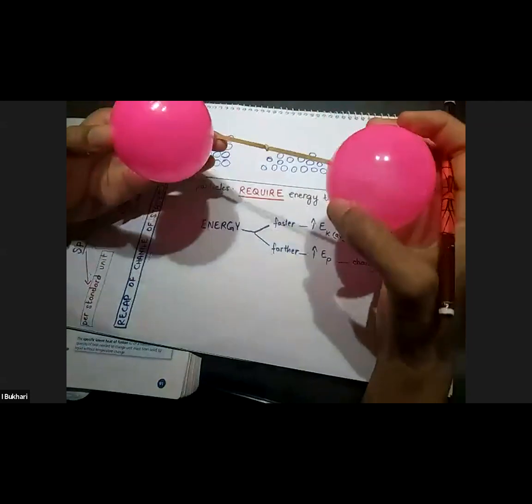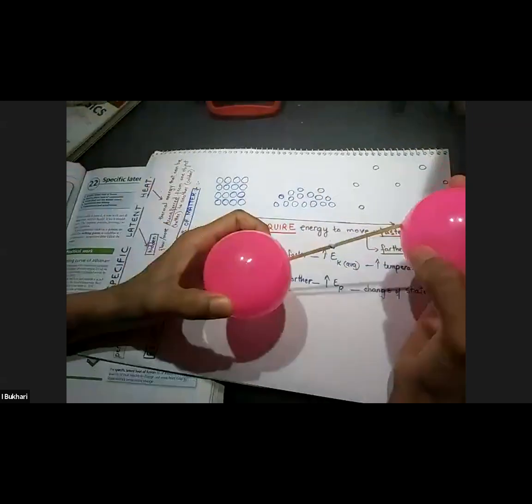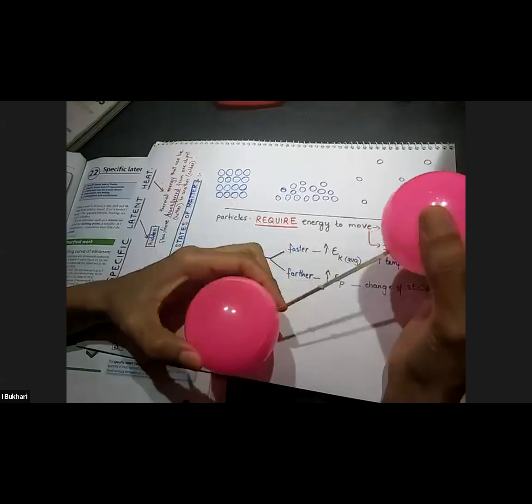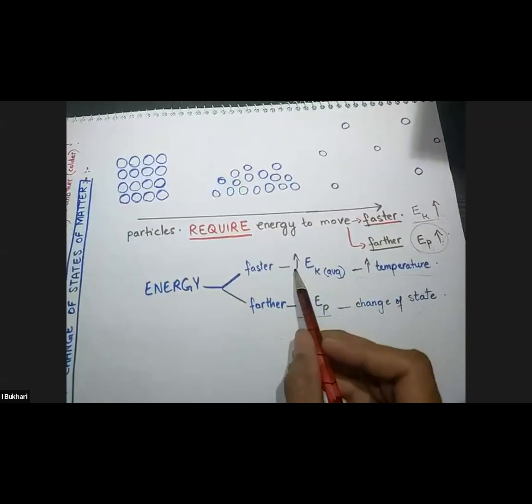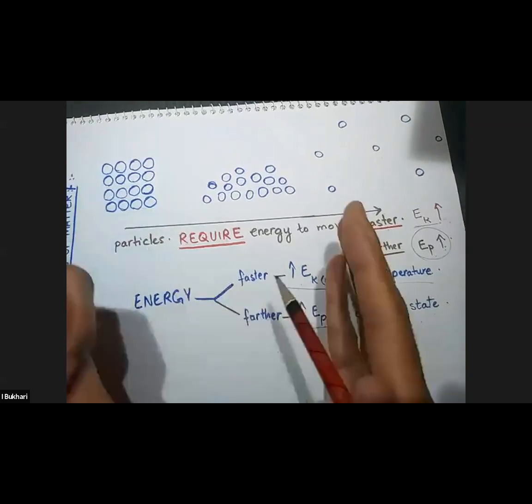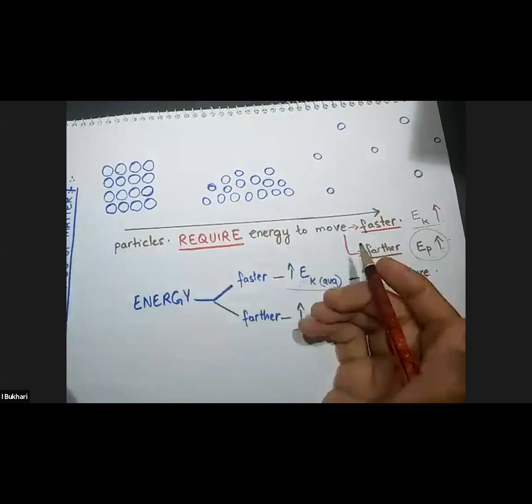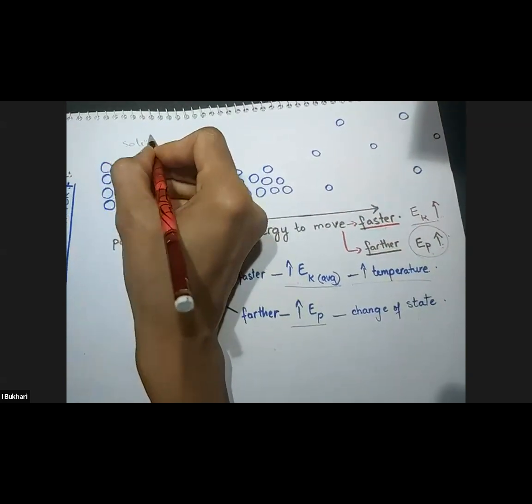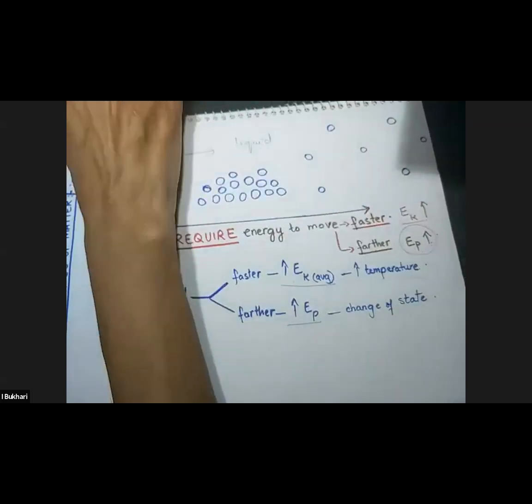But once there is a change of phase, then only potential energy increases. The average kinetic energy stops increasing during the change of phase, whether it is from solid to liquid or from liquid to gas.